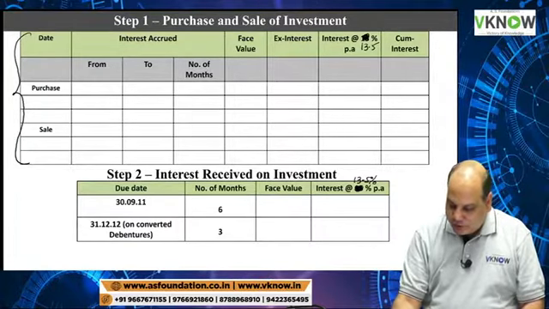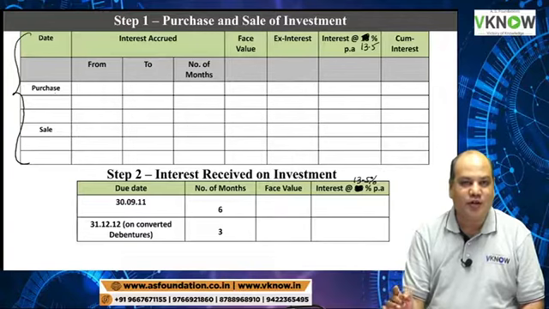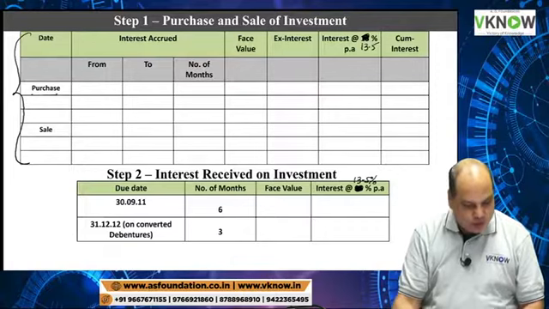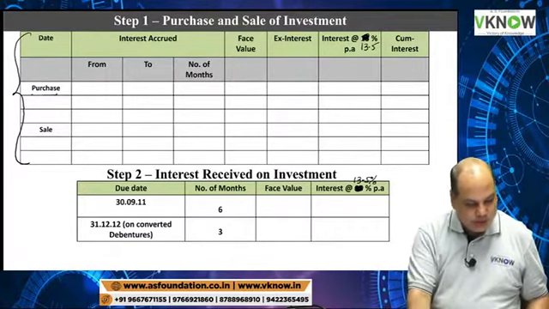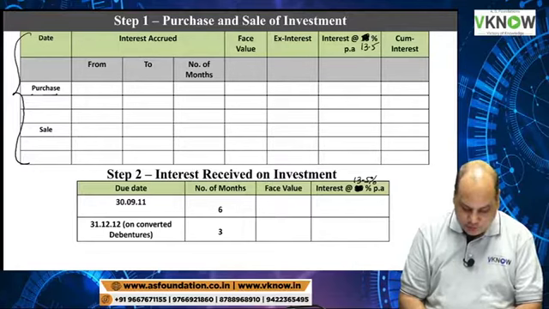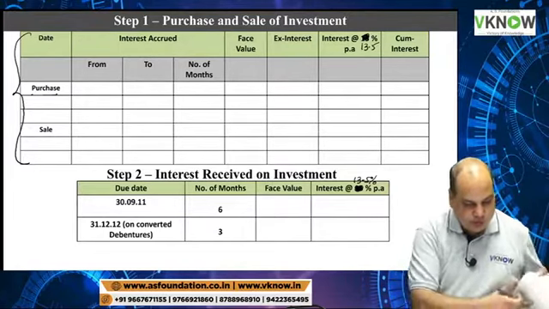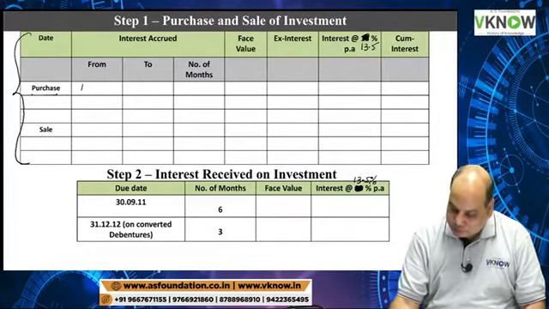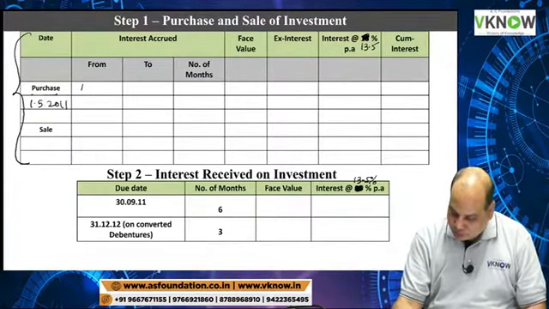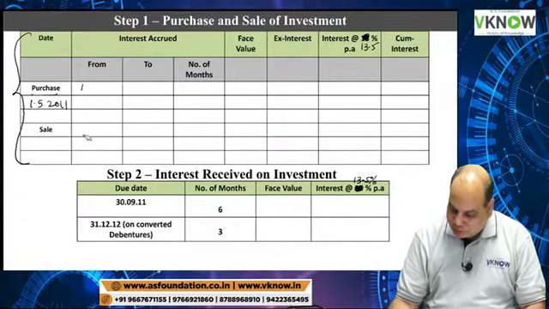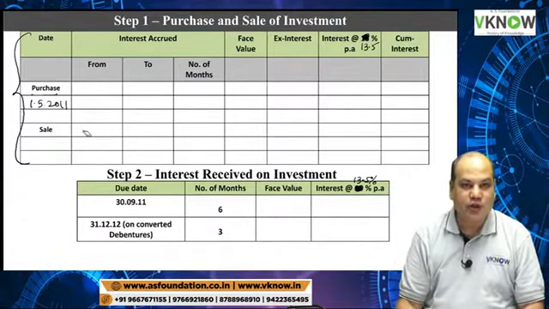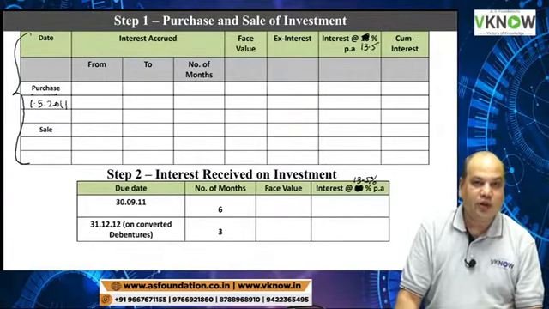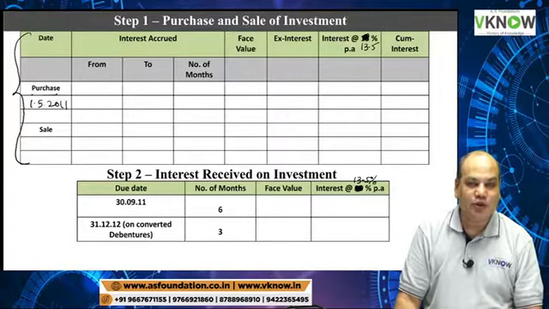So let us begin with this wonderful question on convertible debenture. Purchase. Look at your question. Purchase date is 1st May 2011. Interest will accrue from which date to which date? The interest payment dates are 31st March and 30th September.